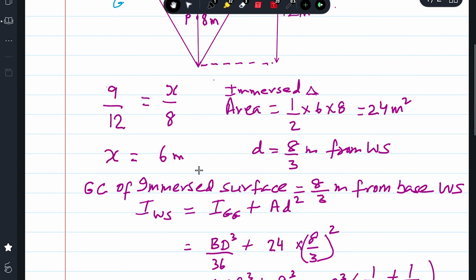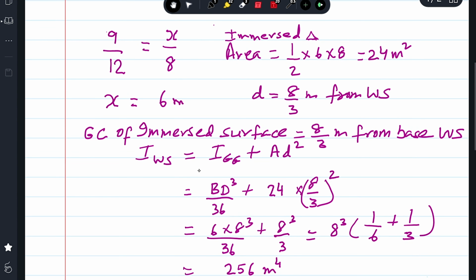What will be the moment of inertia of this immersed surface about the water surface, about the water line? We find the moment of inertia about the centroidal axis passing through the centroid, plus the area of the immersed surface multiplied by d square, where d is the depth of the centroid below the water surface.